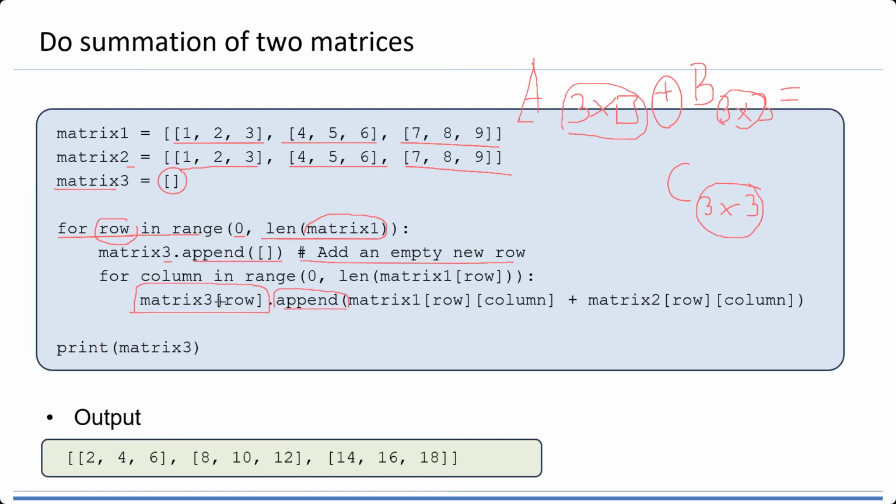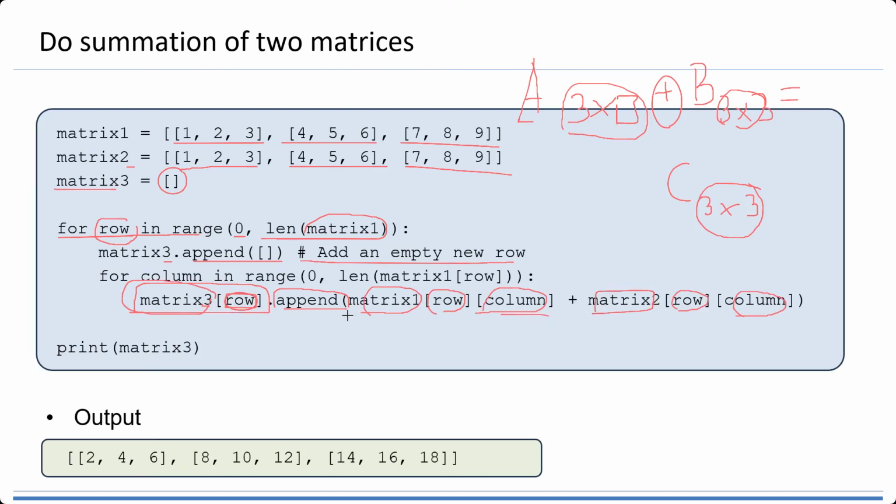Append of the element in the matrix 3 in the row index 0 means that we have the row column plus row column on the matrix 1 and the matrix 2. And we can have a new value in the matrix 3 in the particular row.